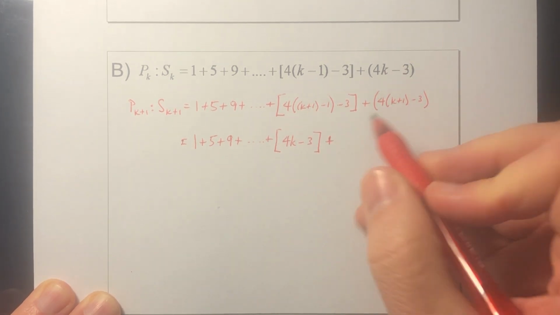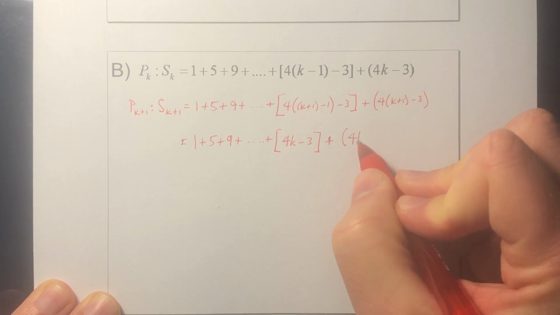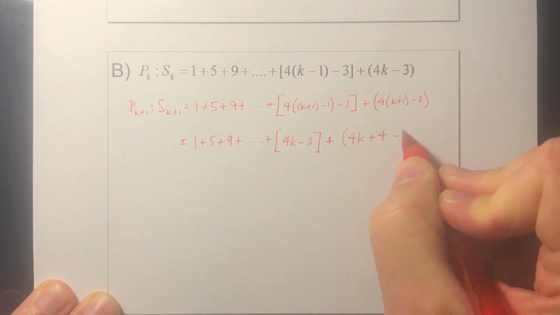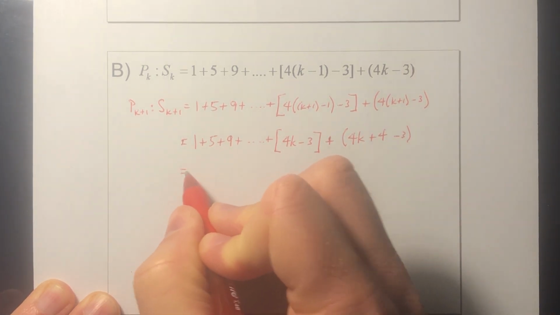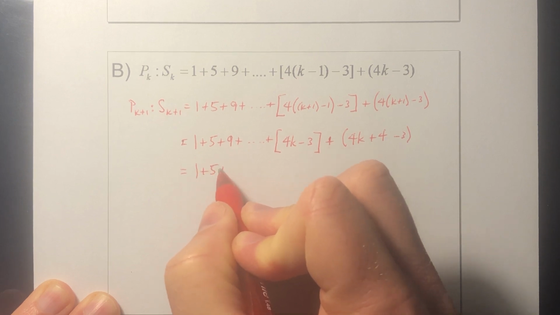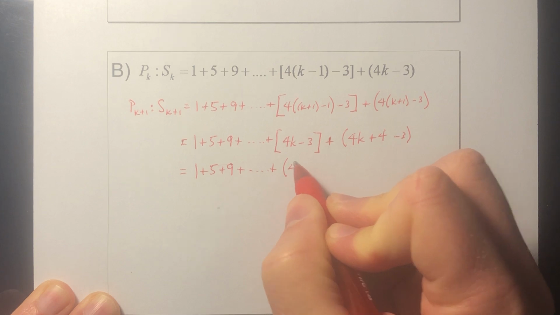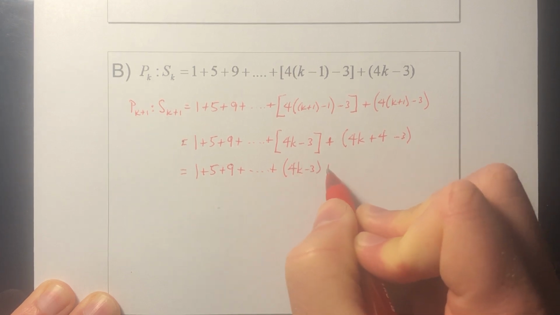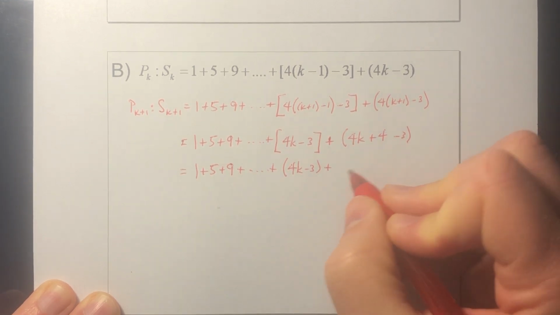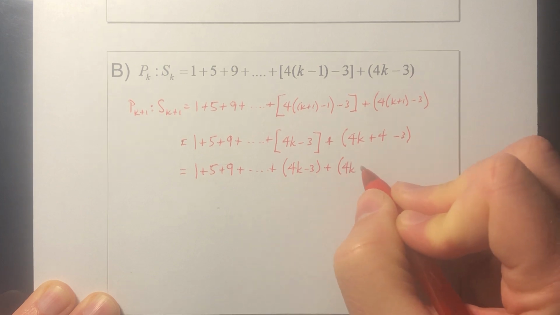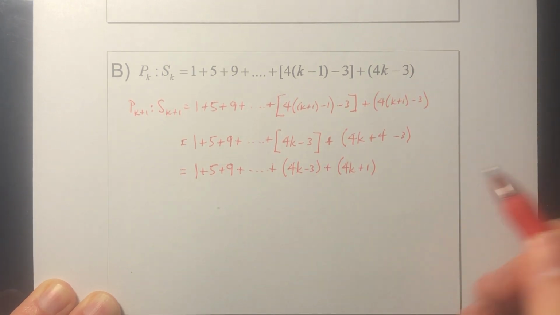We've got to distribute that 4. So that will give us 4k plus 4, and we still have that minus 3. So we'll clean that up in the next step. So I'm just going to put regular parentheses around this here. And then the 4 minus 3 is 1. Okay, and there's your answer.